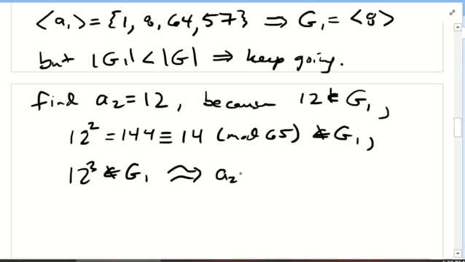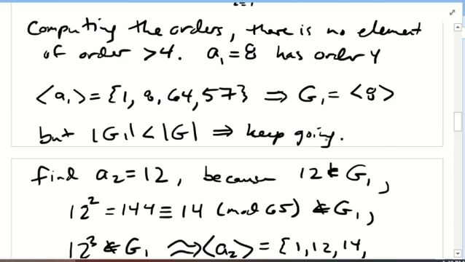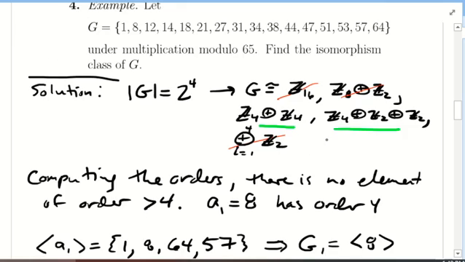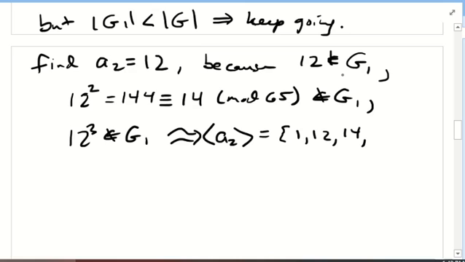Okay, this is equal to 1, 12, 14, and 12 cubed mod 65 is 38.